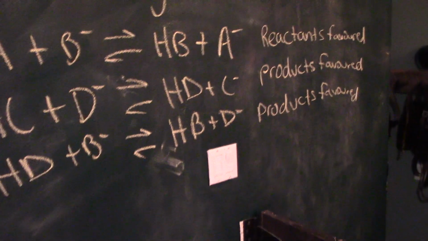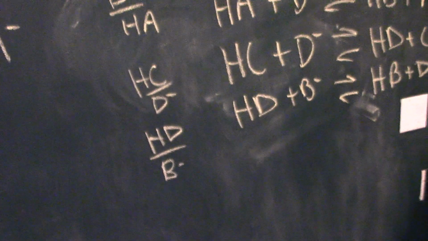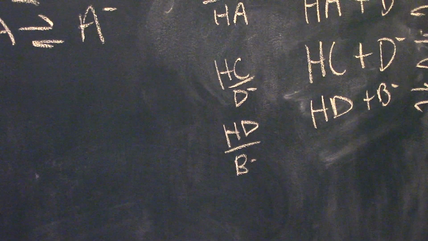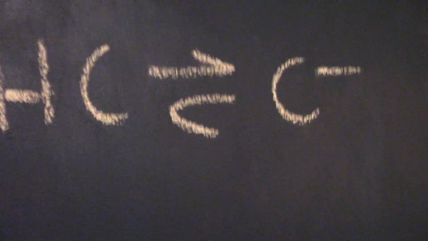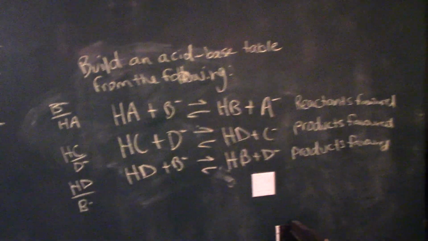And this also says products are favored. So I know that HD will be above B negative. So the C is going to go above the D conjugate, and the D goes above the B. So that means HC will be at the top, and then HD will be in the middle here.